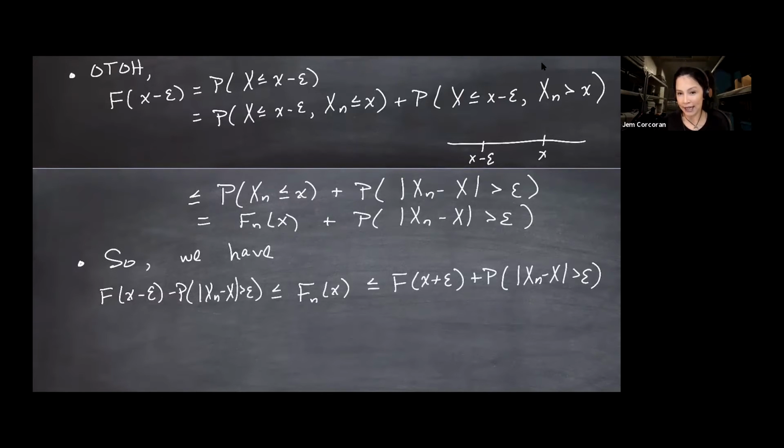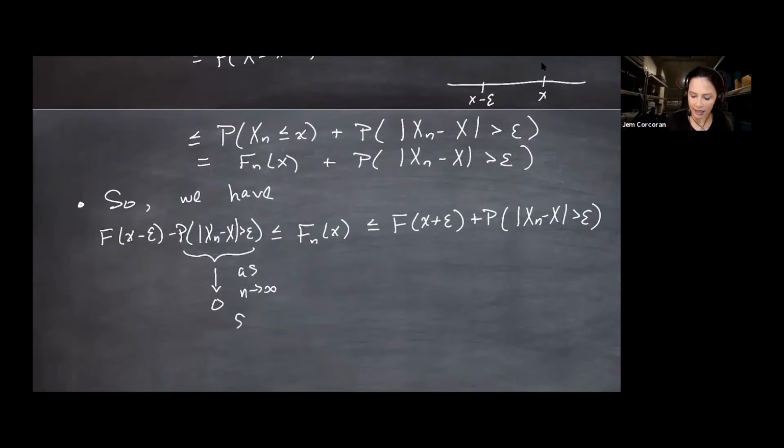So if we let n go to infinity all the way across, this first probability is going to go to 0 as n goes to infinity, since we assumed that X_n goes in probability to X. The same thing with this last term over here. It's the same exact term.